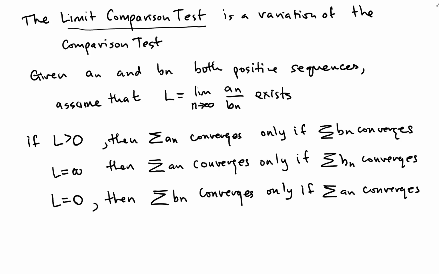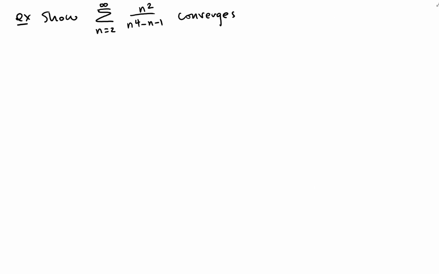So we can use this in an example. So if we start with trying to show that this infinite series converges, so let's start by defining our a sub n as that actual series, and then we want to choose a b sub n.